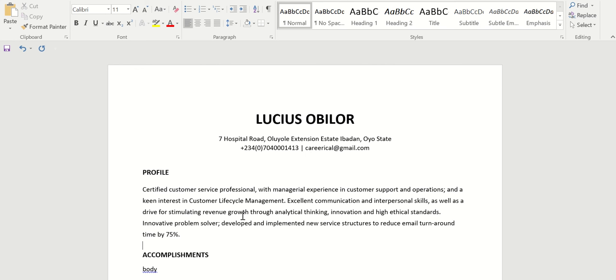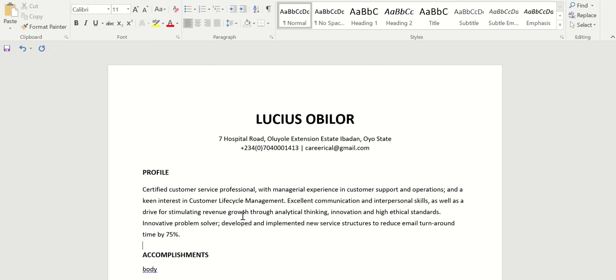So the first thing you notice at the onset is that it tells the recruiter that this person has a certification in their field. So it says certified customer service professional. Then the next thing, it tells the person that, okay, I've held a managerial position in the past, so I have managerial experience.